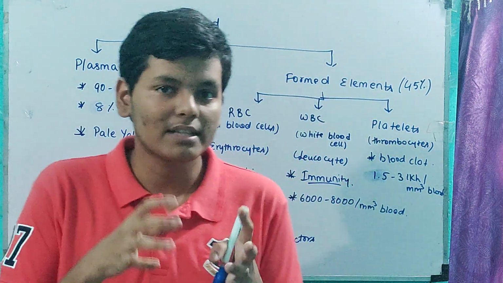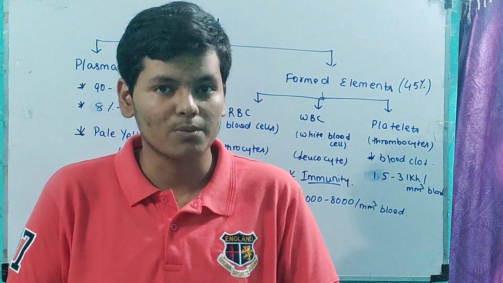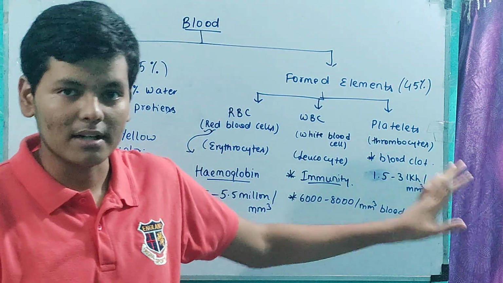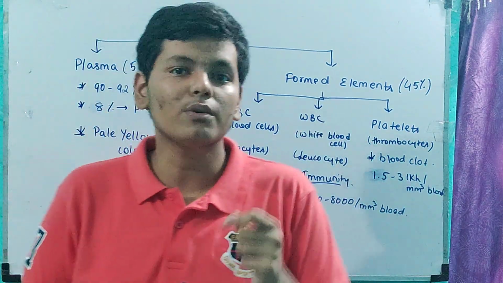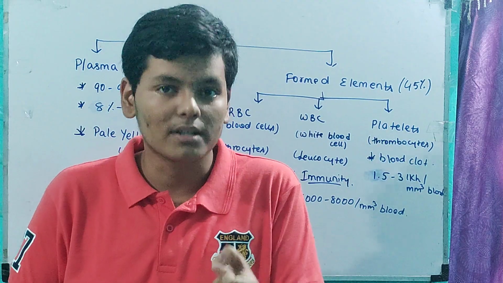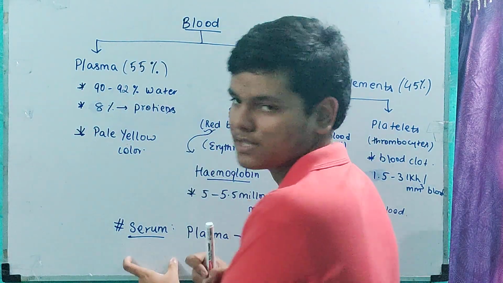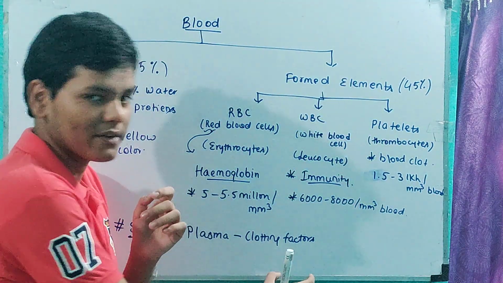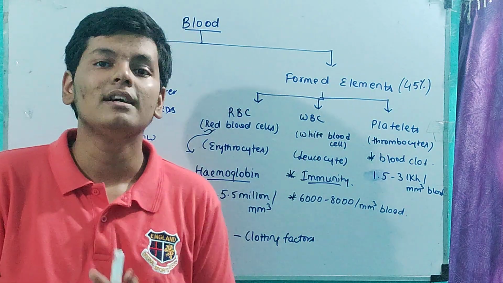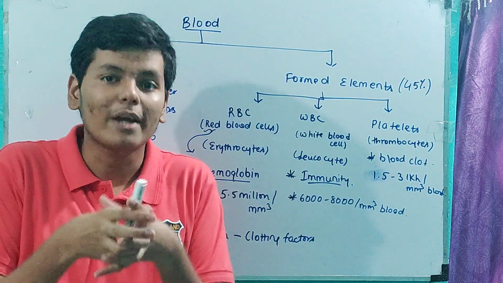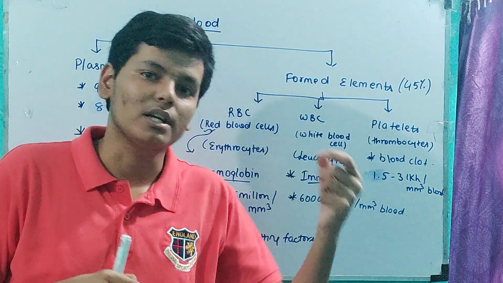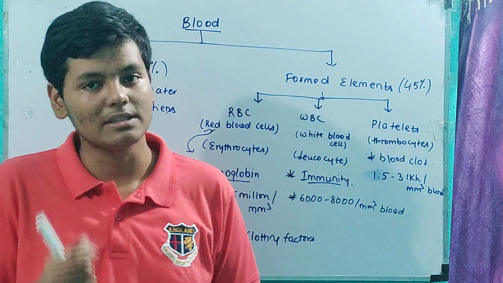Usually, whenever an individual has enough cells available but needs some amount of liquid, then serum is transfused, because we have to remove the clotting factors. If you remove the clotting factor, then there will not be any coagulation between the liquid of the individual who is donating and the individual who is receiving.